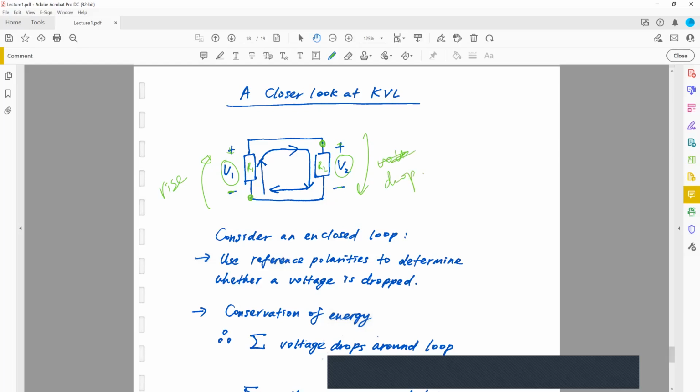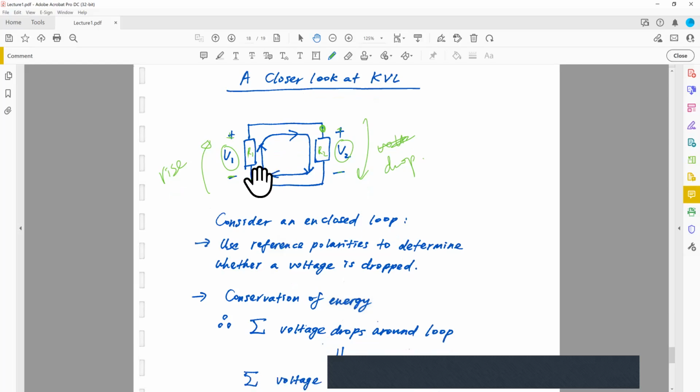Then you have to go back to the origin to complete this path. Throughout the course, I have voltage rise and voltage drop, and the algebraic sum of this has to be equal to 0. In other words, the voltage rise within the loop has to be balanced by the voltage drop in the same enclosed path.